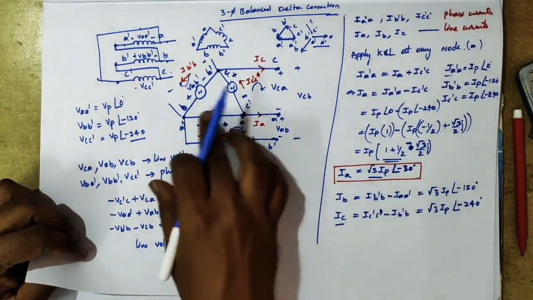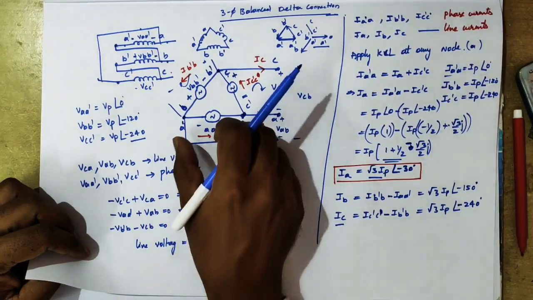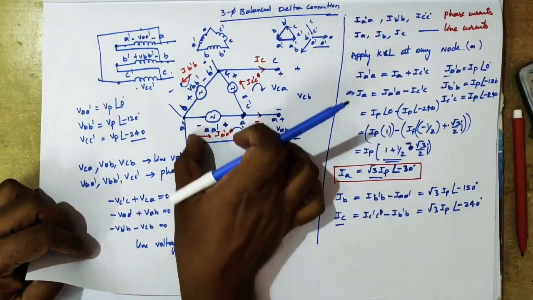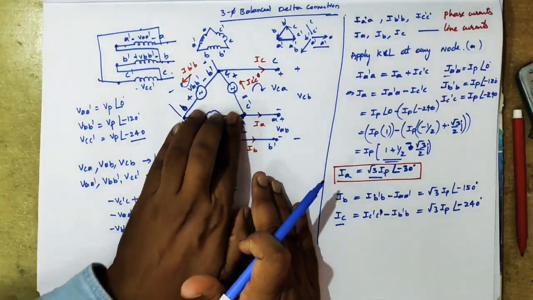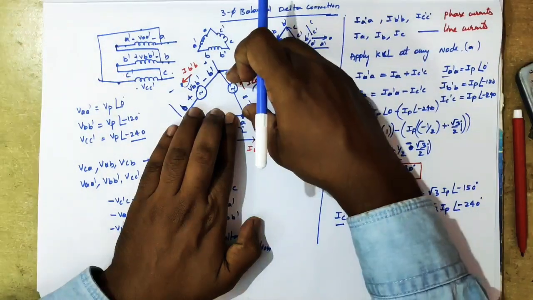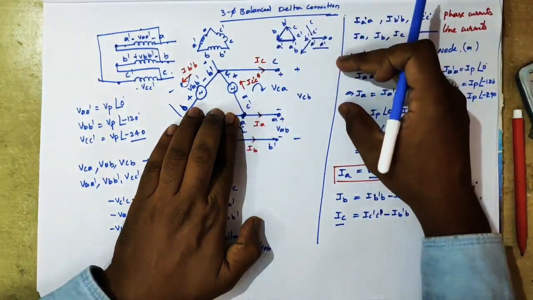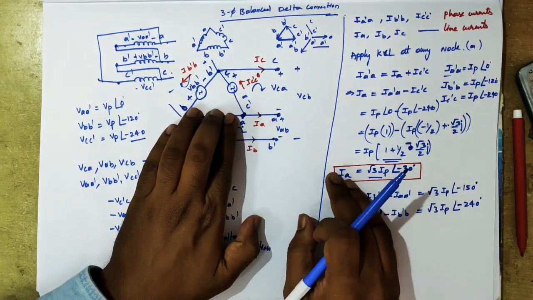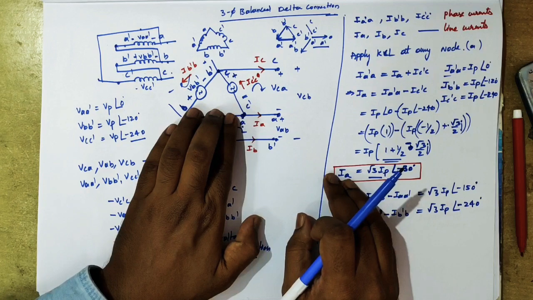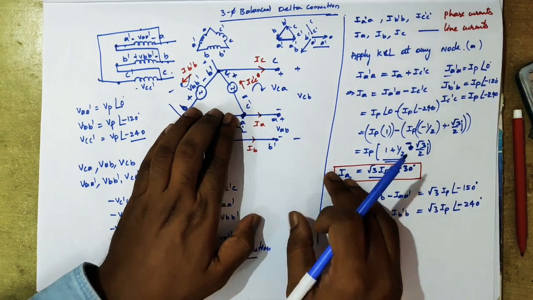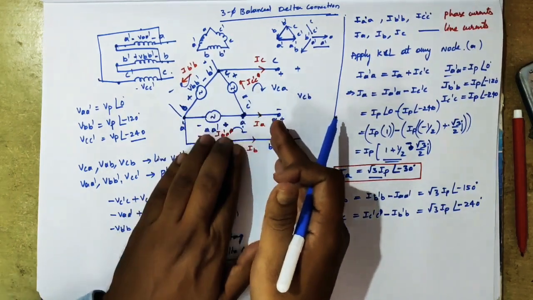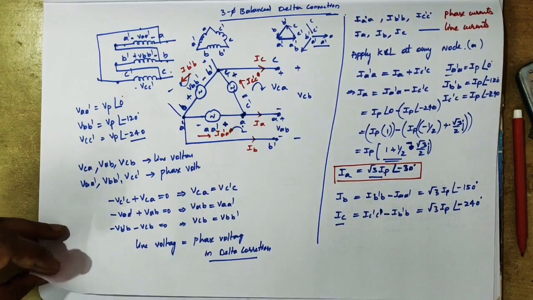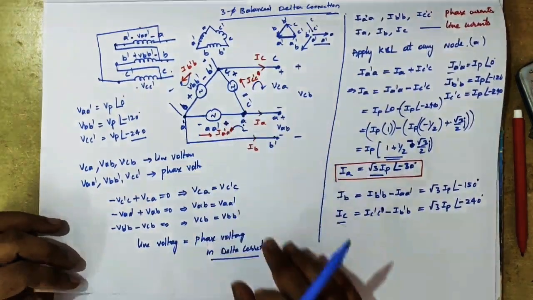Since there is no neutral, if a winding is disconnected, let us say here, the other windings will still produce a voltage, which we can give to other loads. So this is one advantage of the delta winding. Even if one winding is disconnected, with different loads connected, the delta connection is acceptable.